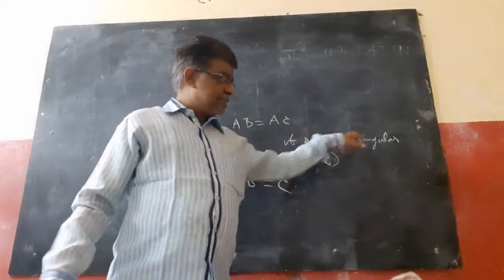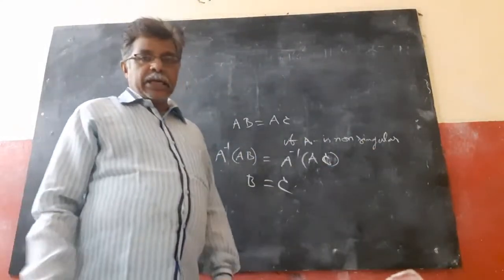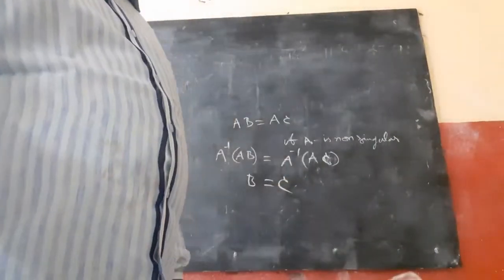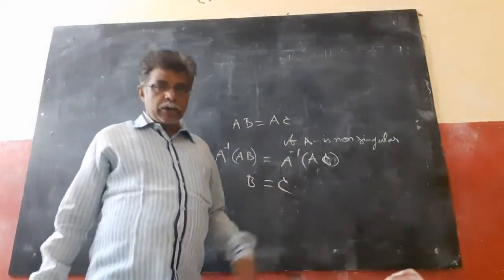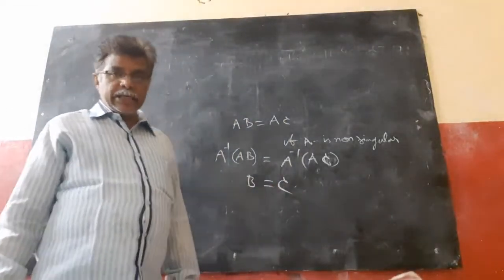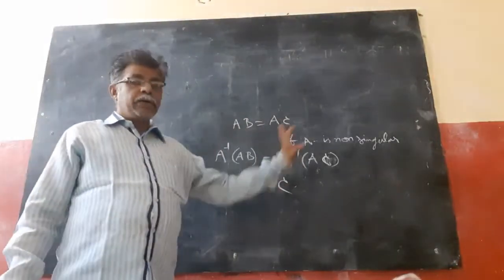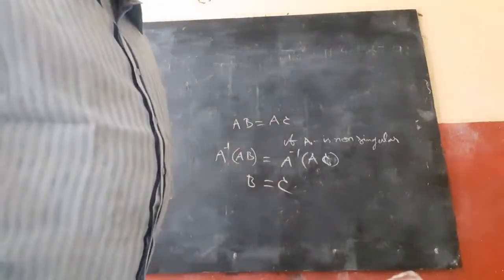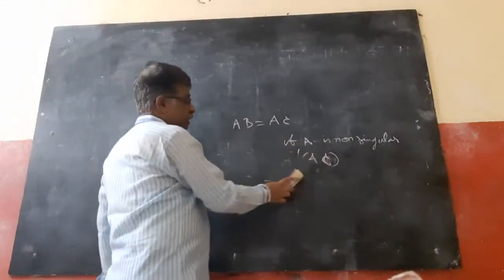Only if A is non-singular, meaning invertible, can we say B equal to C. Otherwise we can't cancel A on both sides. So the cancellation law does not hold unless A is non-singular.